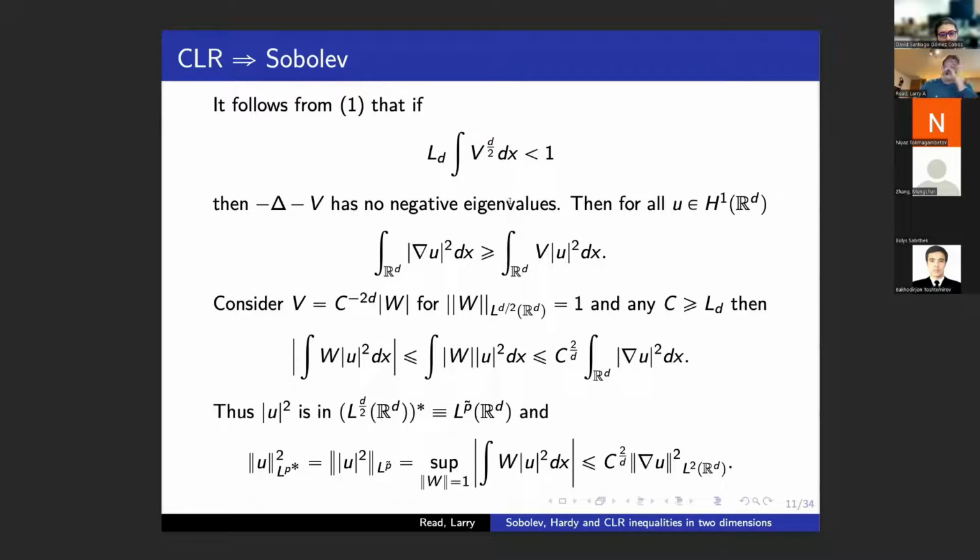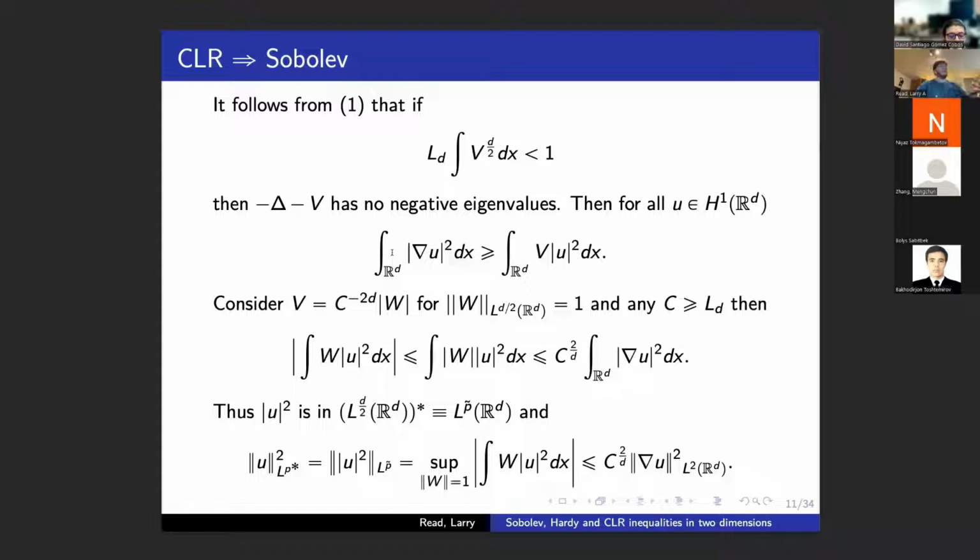So that is, the CLR inequality says that if this quantity here is less than 1, then our Schrödinger operator has no negative eigenvalues. And in particular, that says by the variational principle that the associated quadratic form is always positive, and therefore we have this kind of bound here.